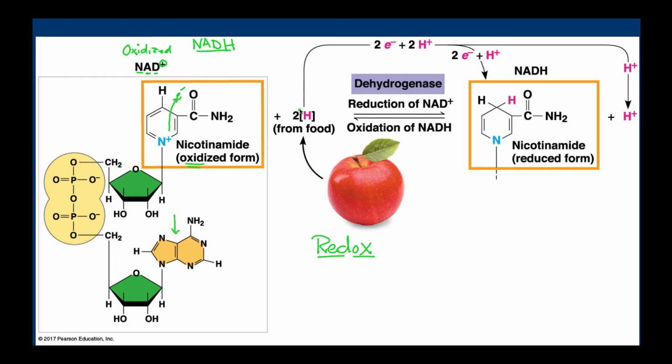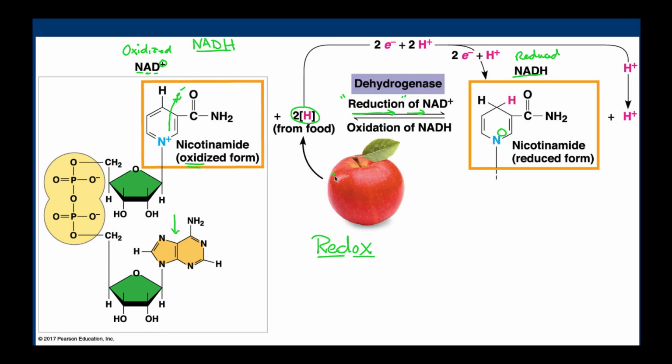Okay, and so for the reduction, we're going to see the addition of hydrogen atoms. Okay, so when we go from NAD+, and then we go this way in the reaction, we're going to see the reduction of NAD+ to NADH. This is the reduced form of the electron carrier. Okay, and what we've done is we filled in that electron hole that was lost. Now, how do we do that?